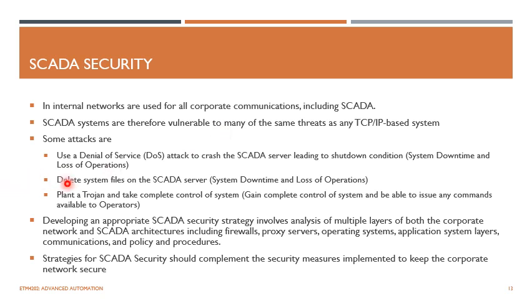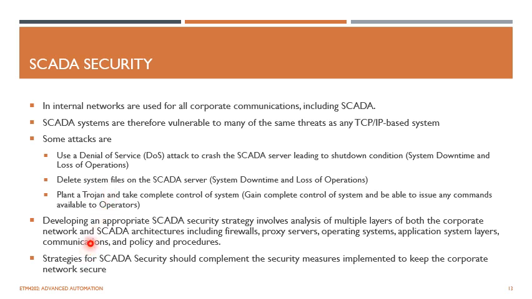Sometimes the attacks could delete the system files, which could lead to system downtime and loss of operation. Or attackers sometimes use a Trojan, which means putting a virus inside a seemingly harmless program that could take complete control of the system, and then they can take advantage and get this control system run by themselves.